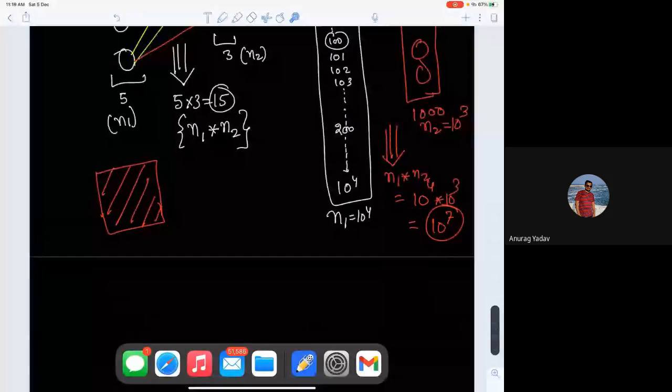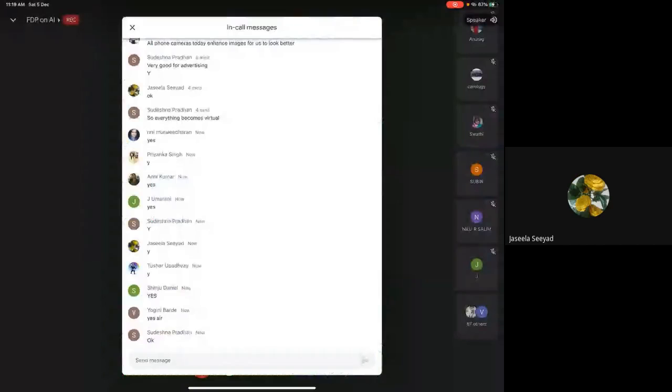Once you flatten, 100 by 100 becomes 10 to the power 4. And suppose you have a 1000 by 1000 image, then it becomes 10 to the power 6, a huge number. That is the problem with dense layer networks: we cannot apply them directly over images, because this becomes very big.